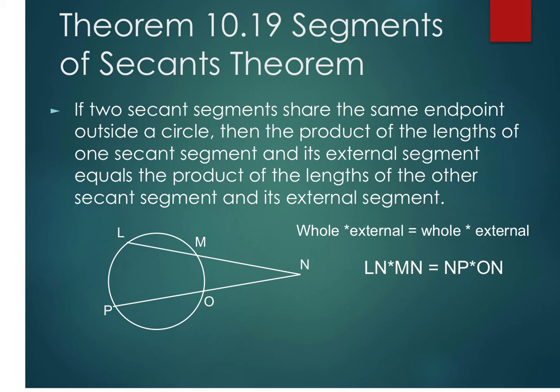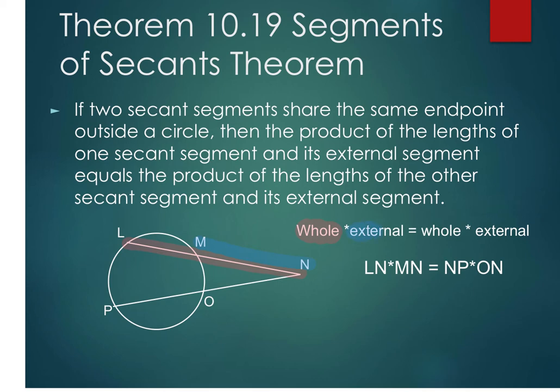I'm going to use colors to try to stress this, okay? The whole would be LN. And the external means it lies outside the circle. That would be from M to N. Do you guys see that?